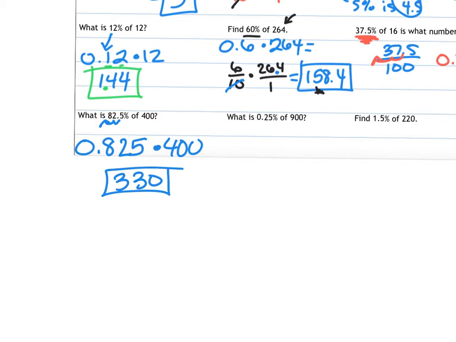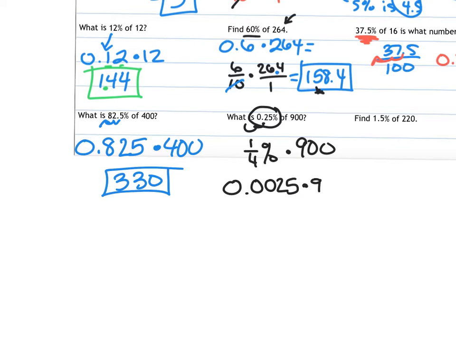Oh, see now here, this is a tiny, tiny amount. We have 1/4%. So this is 1/4% of 900. Again, I could change this to a decimal. That's moving my decimal 2 places still. So I'm going to end up with a small number because it's a small amount.